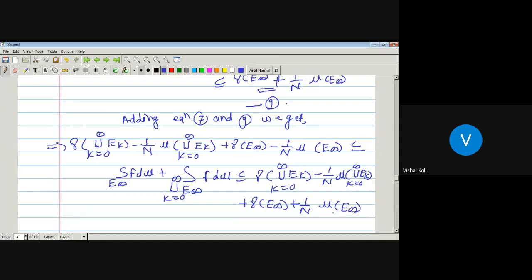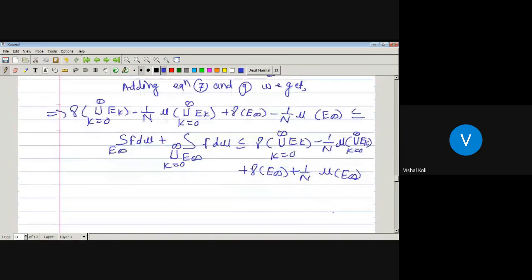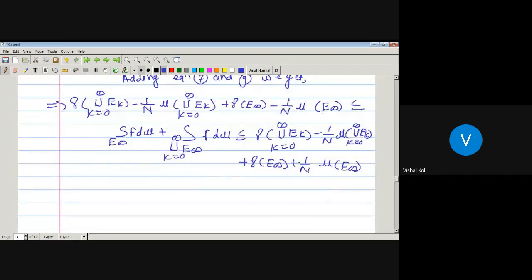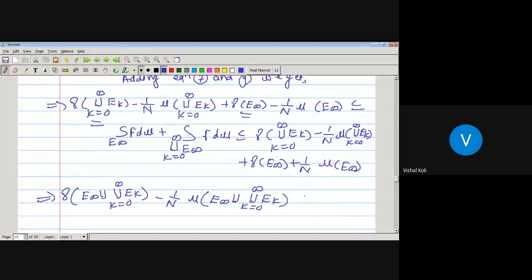Now if we take its sum, it will be converted into a union. Gamma of the union over k running from 0 to infinity of Ek plus gamma of E infinity can be written as gamma of E infinity union the union over k running from 0 to infinity of Ek. Similarly, if we take minus 1 by n common, then this second term can be written as the measure of E infinity union the union over k of Ek.